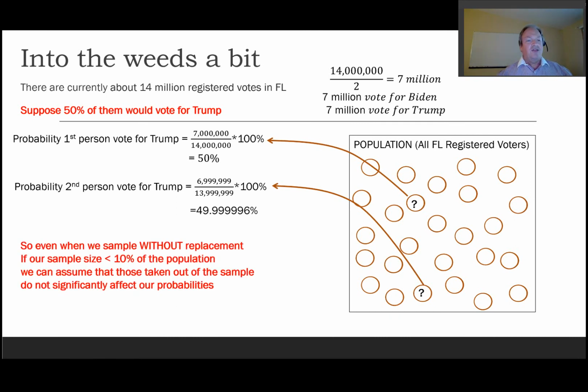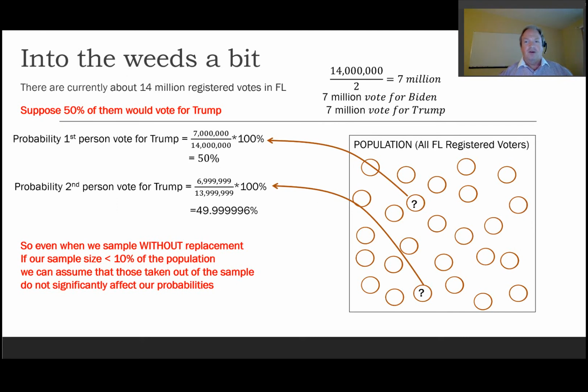Well, it turns out that if your sample size is less than 10% of the population, you can assume each time you draw an individual from the population, the probability it will fall into one of the categories is the same as it was in the original population before you did any sampling at all. So this is kind of the idea. The population is so large, it's like catching fish in the ocean.